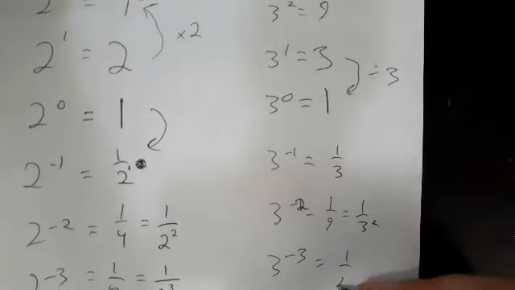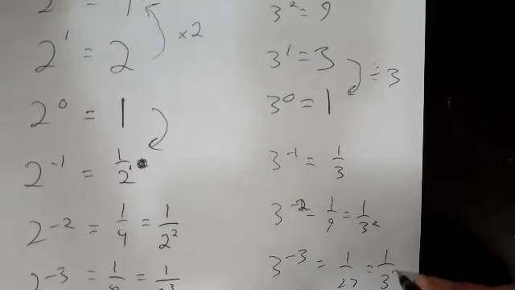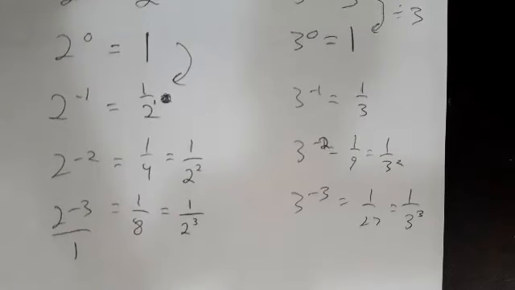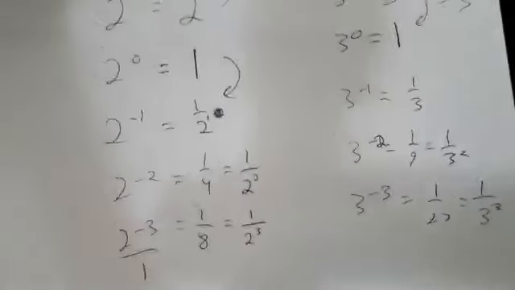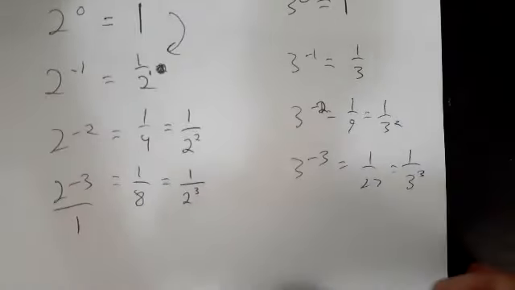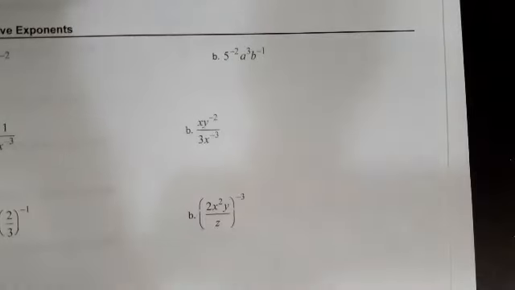I'm going to have 1/27, which is 1 over 3 to the third. And so negative exponents, we're going to flip them over the division bar and make them positive in general. We typically don't like to work with negative exponents when we clean things up.